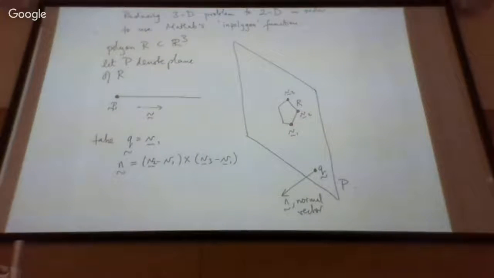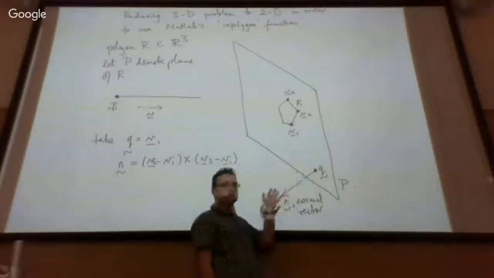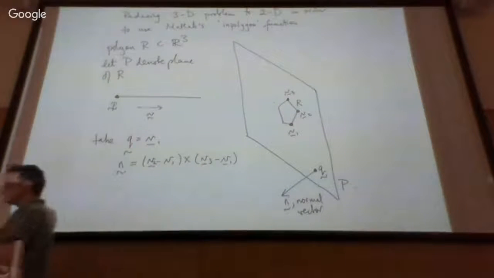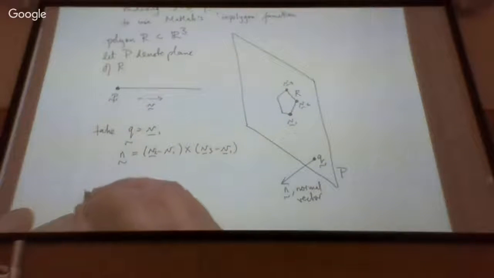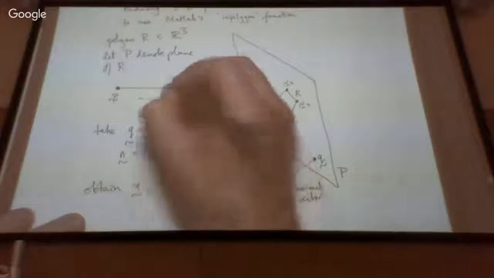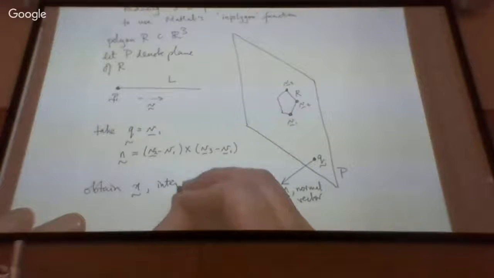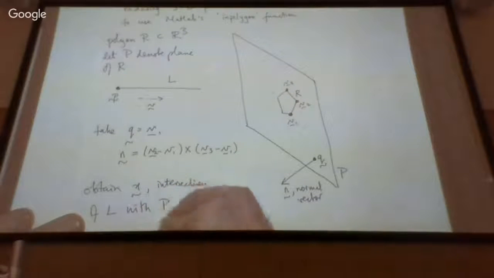When I take their cross product, I've got myself a normal vector to the plane. So then I can obtain the point x, which is the intersection of the line, call that line L, with P.